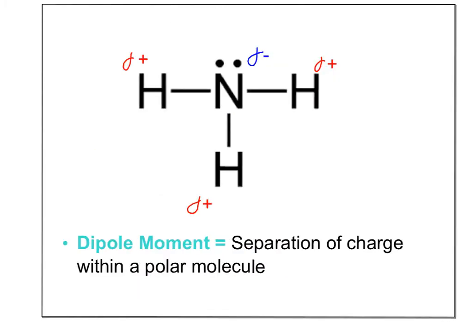When you have a molecule with a separation of charge, even if it's a partial positive and partial negative, we say the molecule has a dipole moment. So a polar molecule, like this NH3 molecule, has a dipole moment because of the separation between the partial negative and the partial positive.